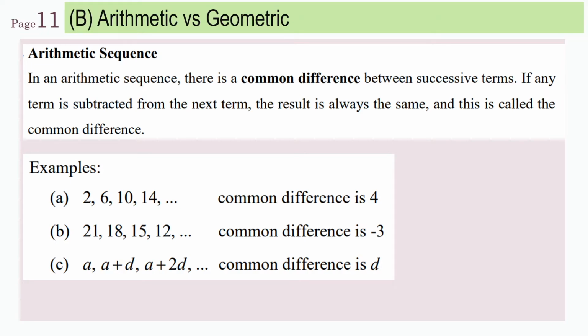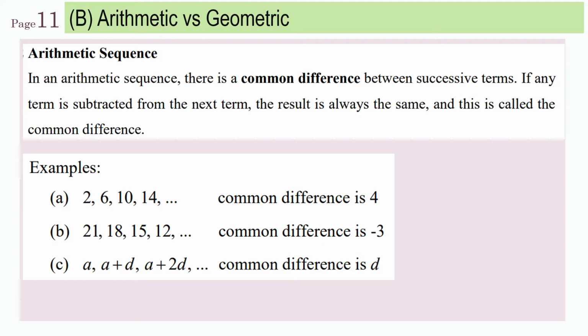Arithmetic and geometric have very, very clear patterns compared to the normal sequence. In an arithmetic sequence, there is a common difference between successive terms.